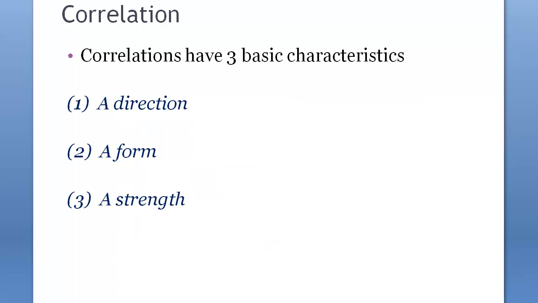So correlation has three basic characteristics: direction, as I was saying, positive or negative, and form. A form is linear or non-linear. That could be more like this relationship, or it could be this kind of relationship. And strength is the last characteristic.